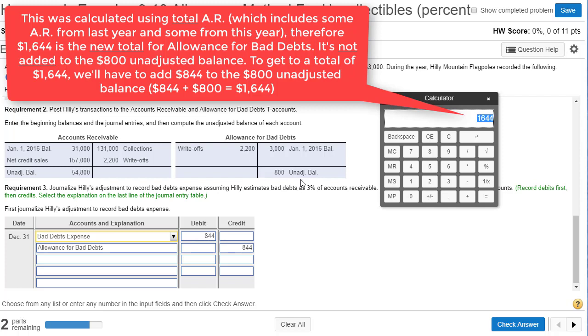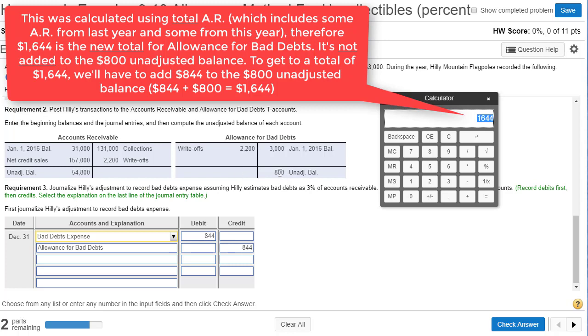It should be a total of 0. So we would have to lower this account so that its final balance is 0. Why? Because if we had 0 AR, then it's impossible for any of it to be doubtful because there isn't any. So that's why this 1644 is going to be the final number for the allowance.